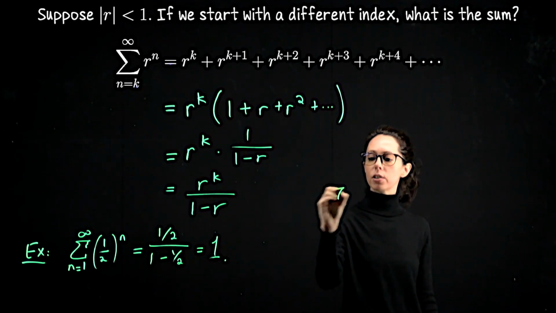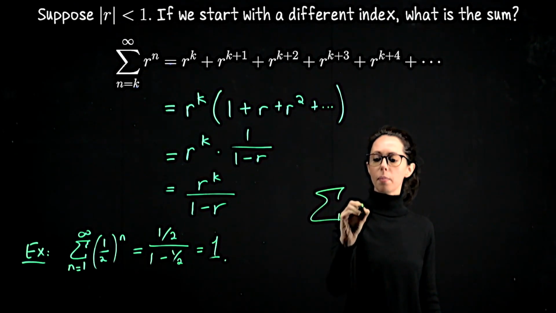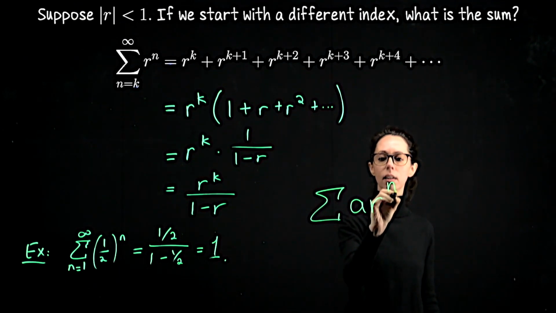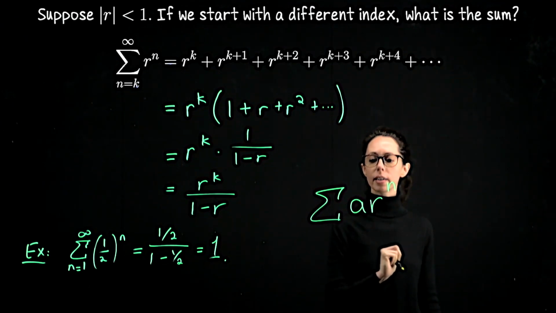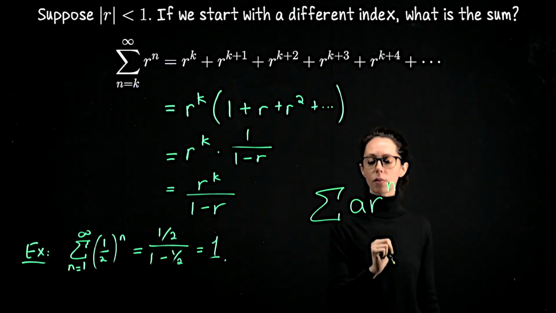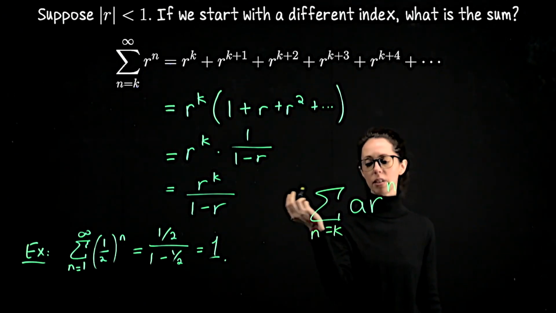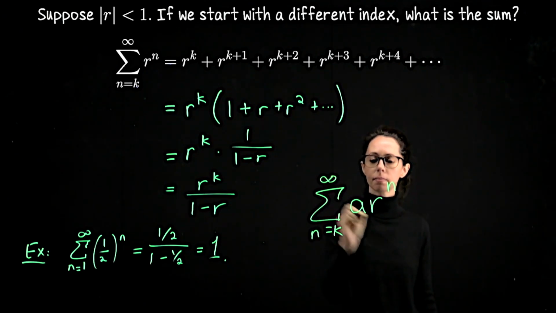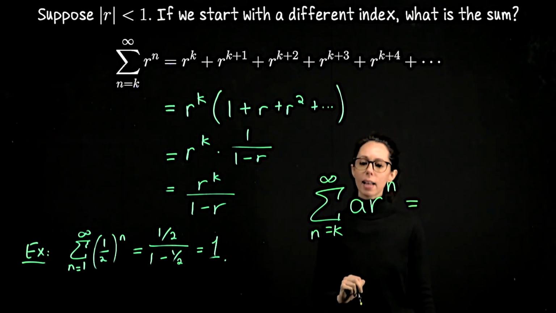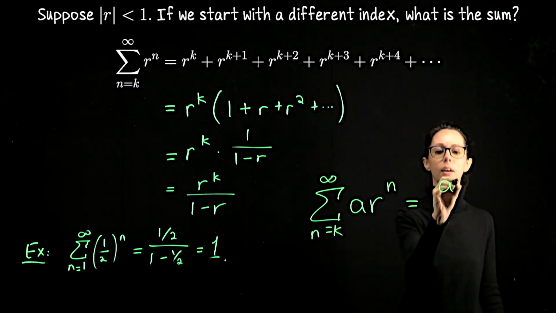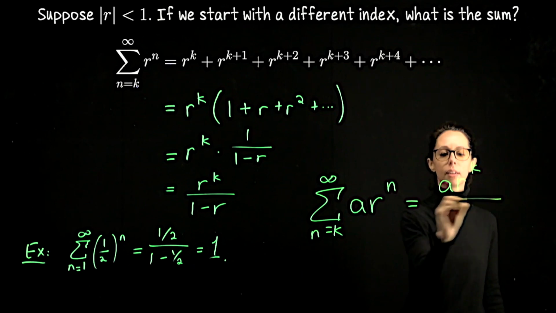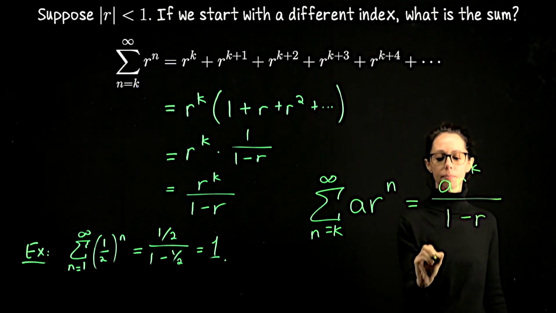So let me write down the most broad expression, if you will. If you have a geometric series of the form a r to the n, where a is a number, r is between -1 and 1, and n starts indexing at something like 0 or 1, or let's just call it k, this series adds up to a r to the k divided by 1 minus r.